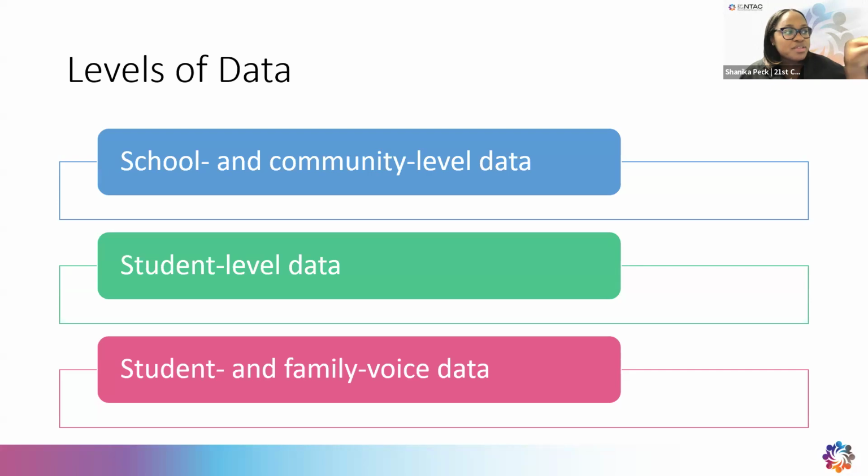So as we pull these different levels of data, again, we are focused on the information that will help us to directly tie those student needs, whether it's from one of those three levels, to what we can provide or how we can provide support to address those different needs, right?